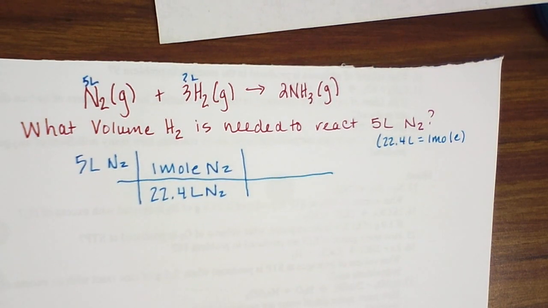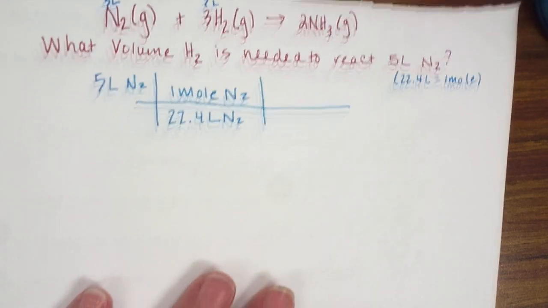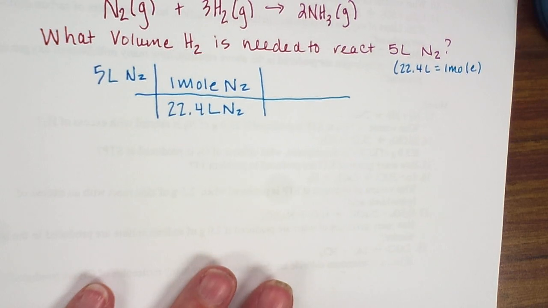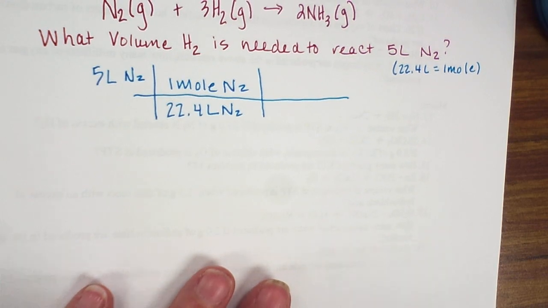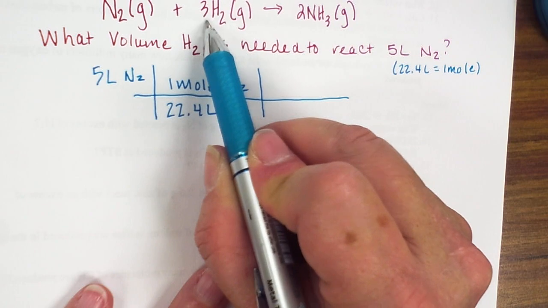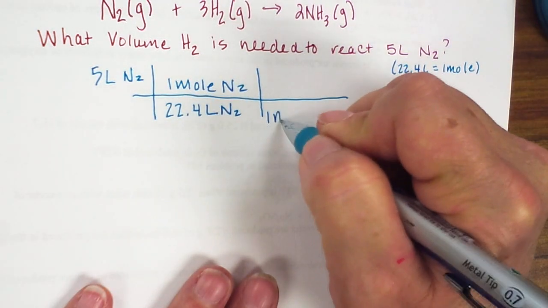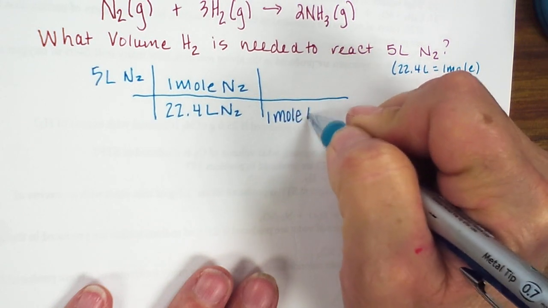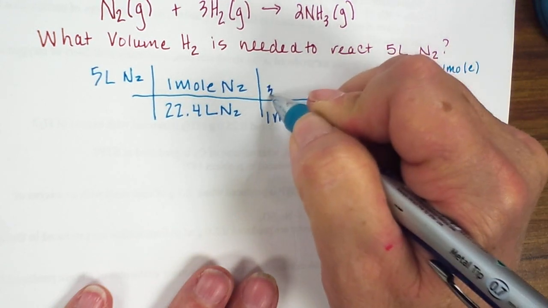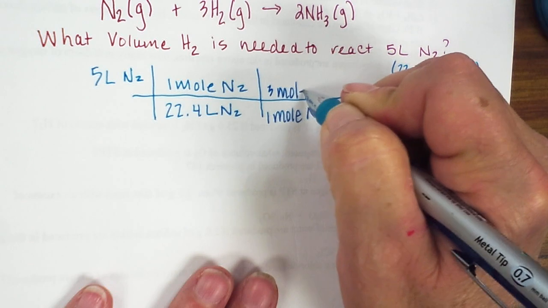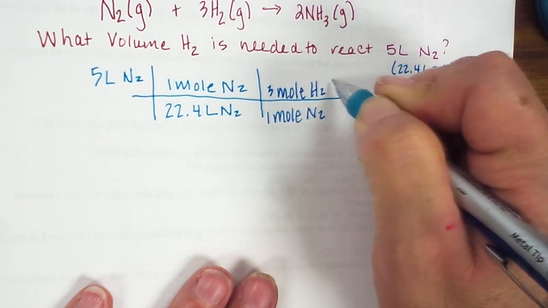And now I'm going to switch from nitrogen to hydrogen. So that's a 1 to 3 molar ratio. 1 mole of N2 to 3 moles of H2.